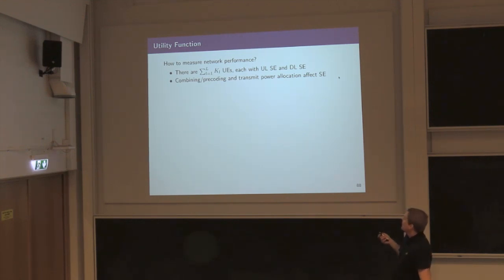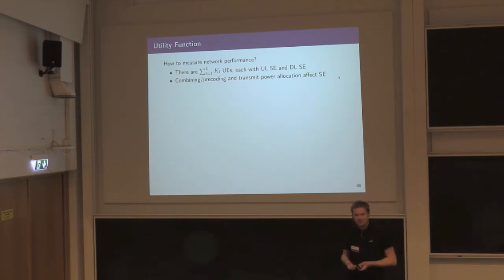And this is not an easy problem because you have KL, the sum of the cells' number of users in the entire system, and you have a spectral efficiency in the uplink and downlink for all of them, and you should select your combining and precoding vectors and your transmit powers in both uplink and downlink to somehow optimize something like this. And that is not very easy to do.